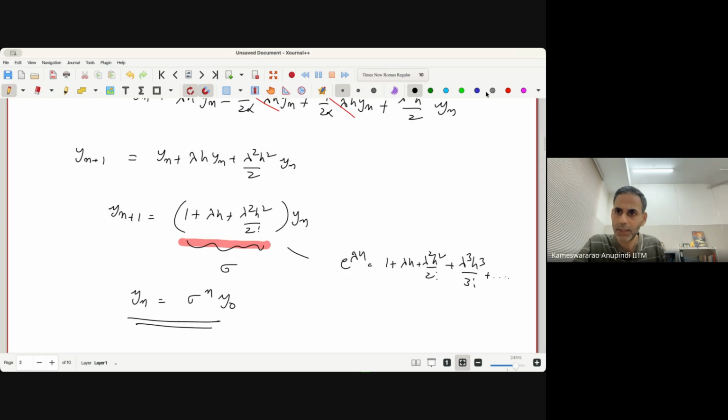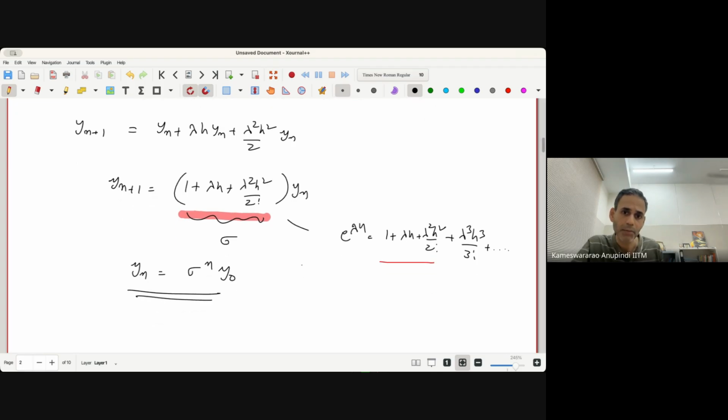We can see that it is matching up to the second order accurate term, 1 plus lambda h plus lambda square h square by 2 factorial. As we said, if this series is matching up to lambda power alpha h power alpha by alpha factorial, then we say that method is alpha order accurate.